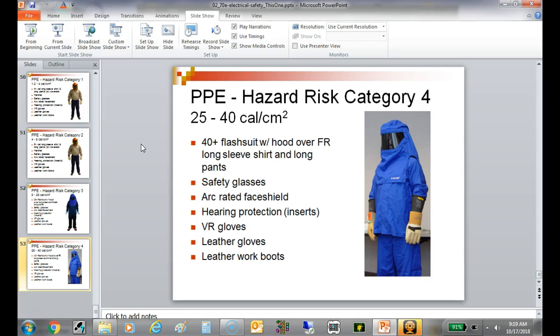We weren't required to wear long-sleeve shirts, so we weren't required to wear fire-resistant clothing. We were required to wear long pants, right? And we were required to wear steel-toed boots with metal tarsal protection. Metal tarsal is the top of your foot. So we had to wear that. And that was it for the PPE.